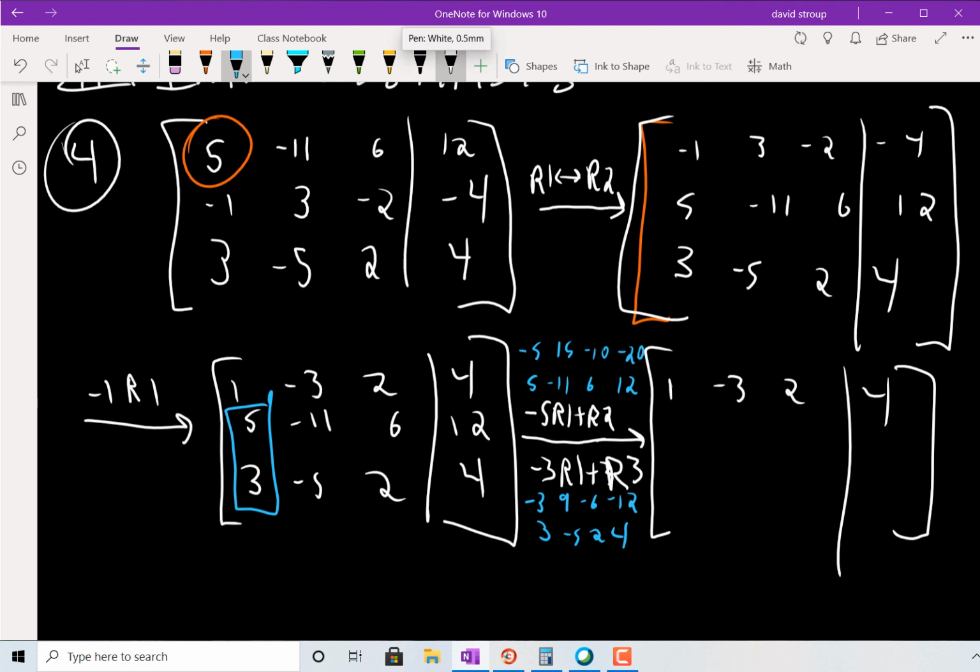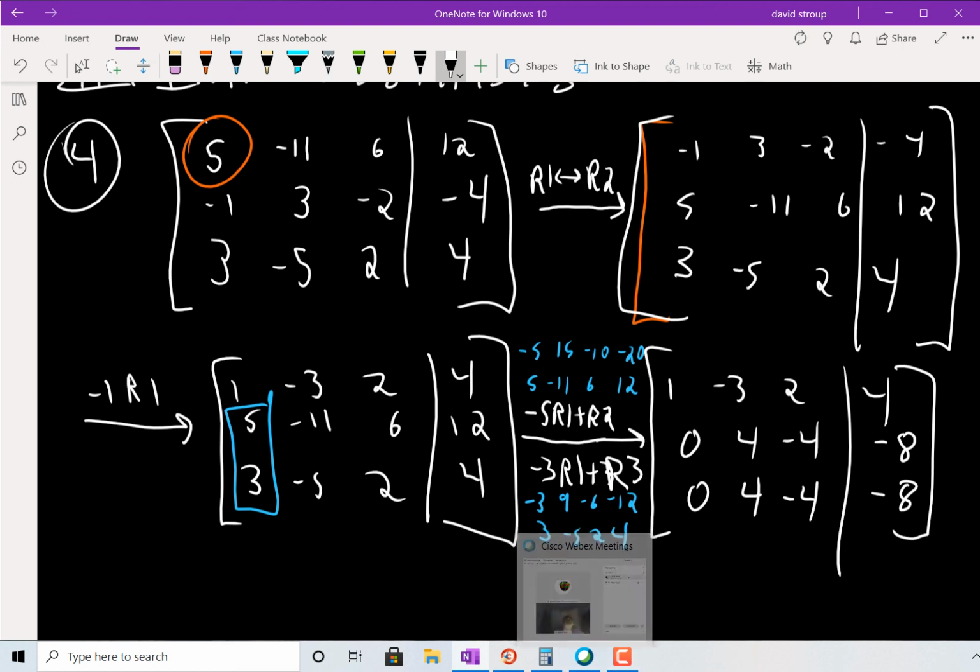Okay, so we add those guys. I'm getting 0, 4, -4, -8. And then the last row, 0, 4, -4, -8. And you kind of see something fishy happening at this point, right? Those 2 second rows are exactly the same.